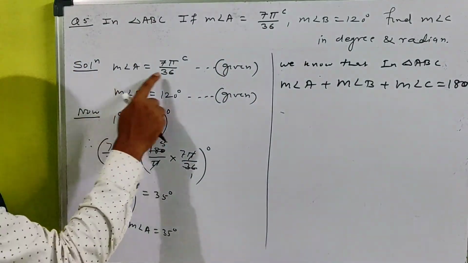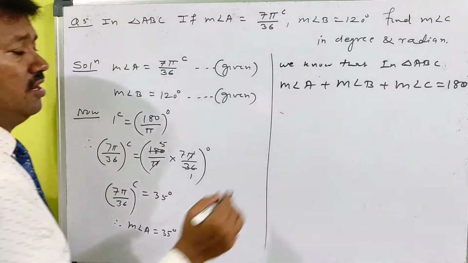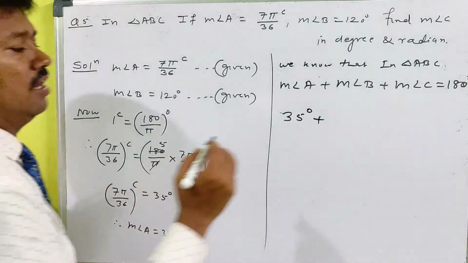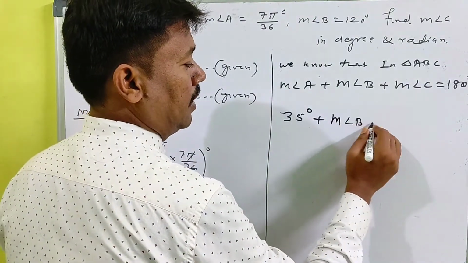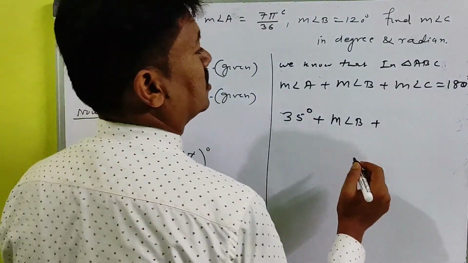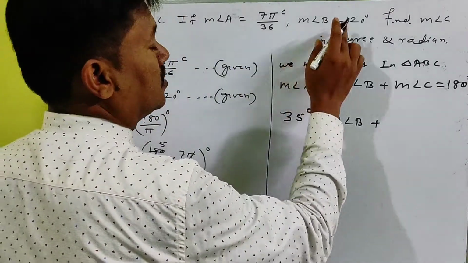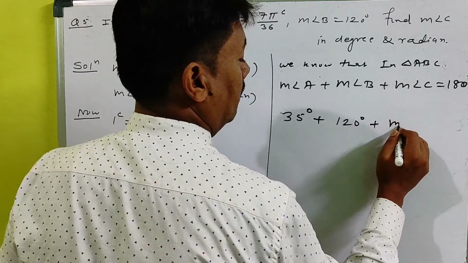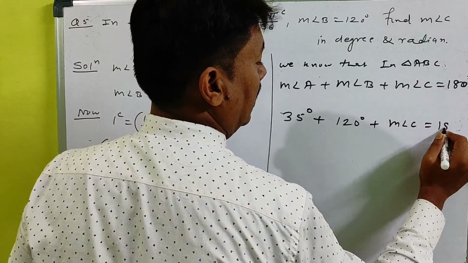Now what is measure angle A here? Measure angle A is 35 degree, we have just calculated. Measure angle B is given. It is 120 degree, and measure angle C आपको ढूंढना है.